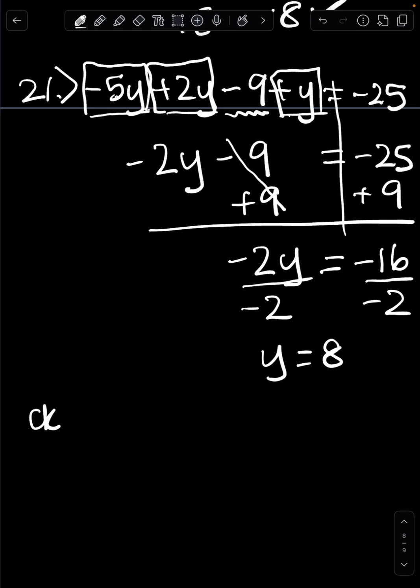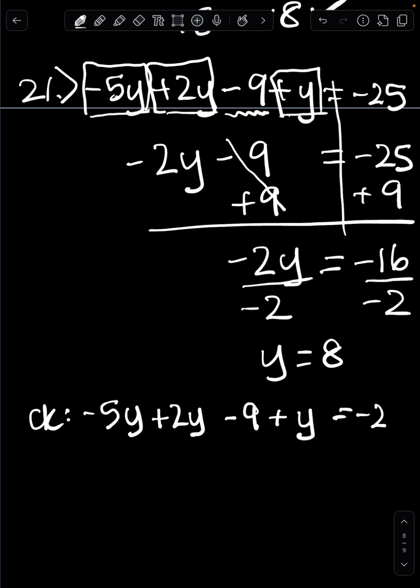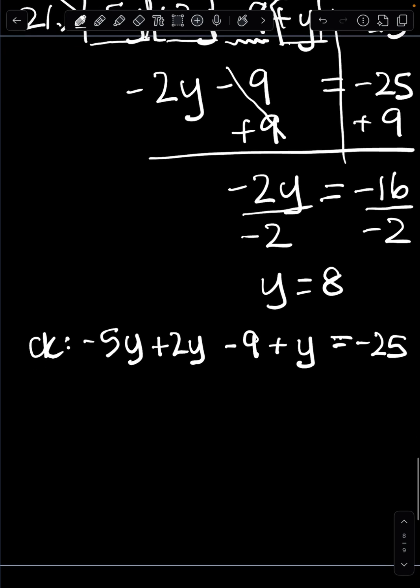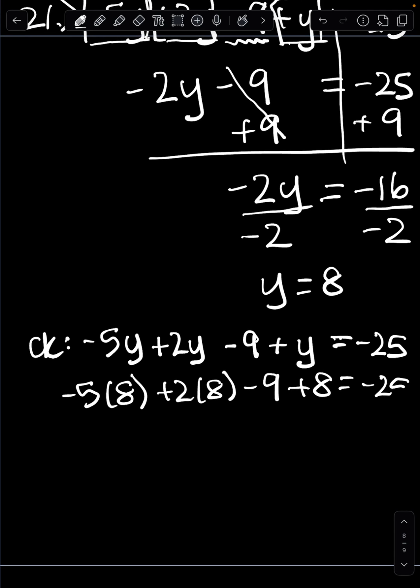All right, original was negative 5y plus 2y minus 9 plus y equals negative 25. Plug in the 8. Negative 5 times 8 plus 2 times 8 minus 9 plus 8 equals negative 25. We're checking it. Gives us negative 40 plus 16 minus 9 plus 8.